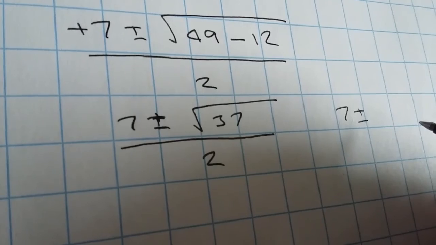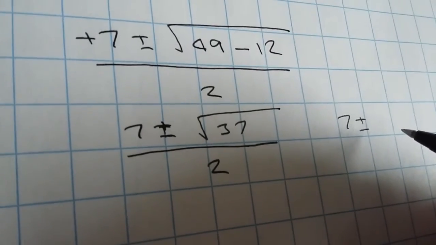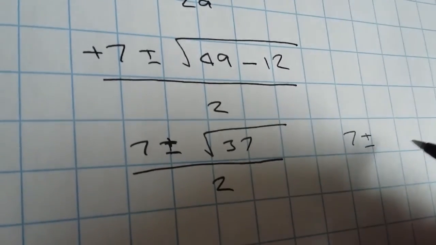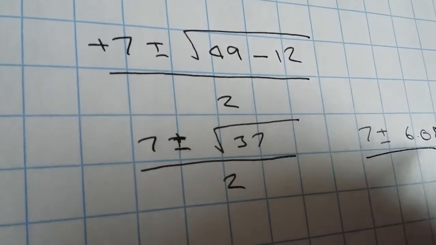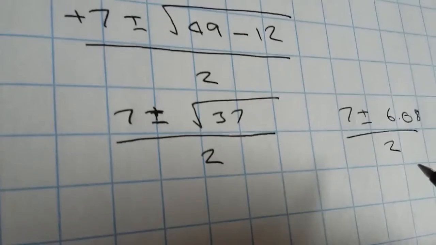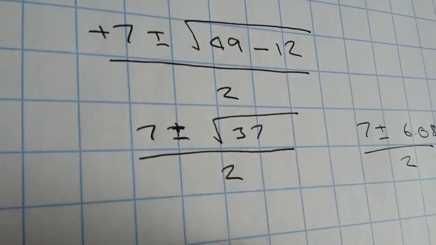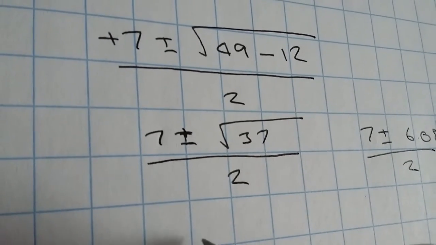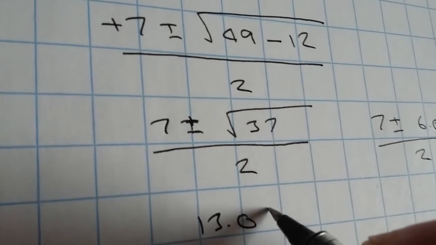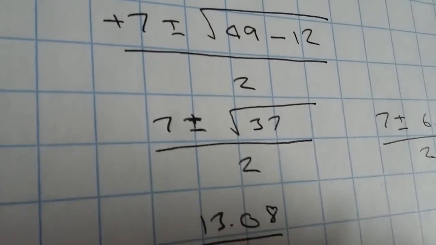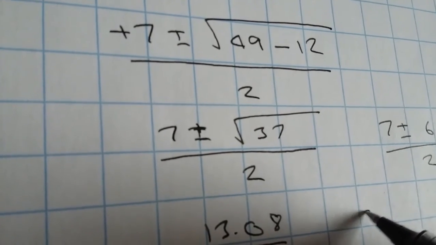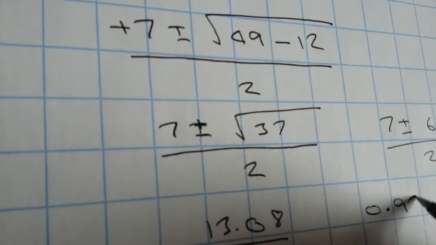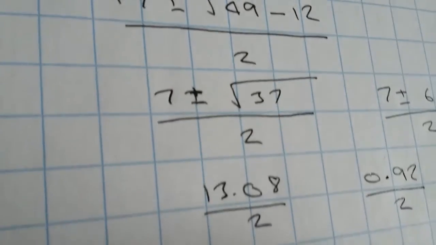I'm going to do it to 2 decimal places, so 6.08, all divided by 2. First of all I'm going to have to do 7 plus that, which will give me 13.08 divided by 2. Then I'm going to use 7 take away that, and that will give me 0.92 all divided by 2.